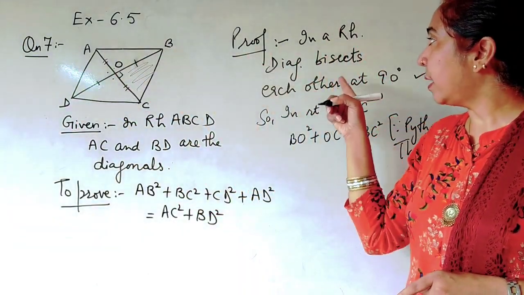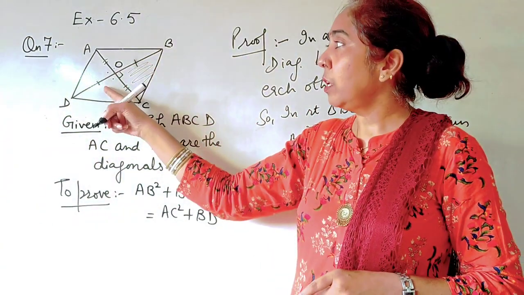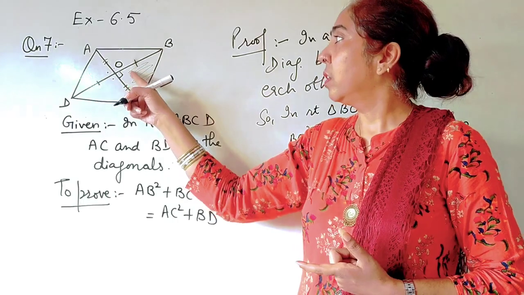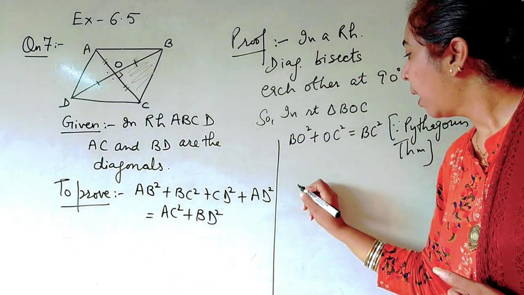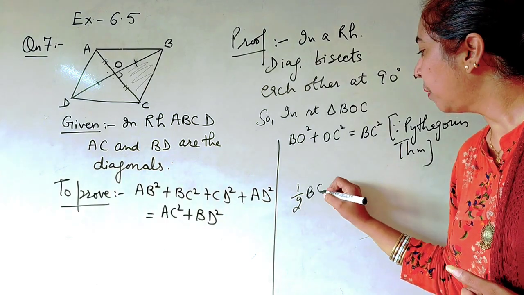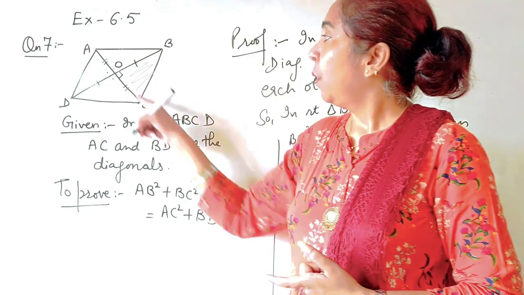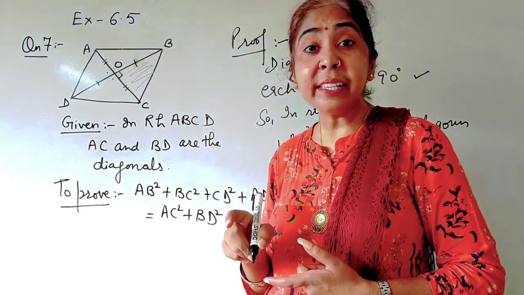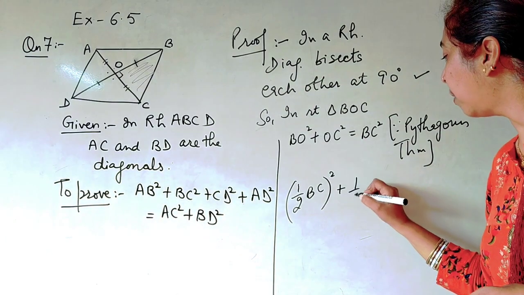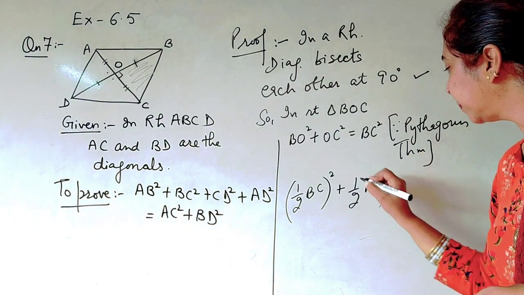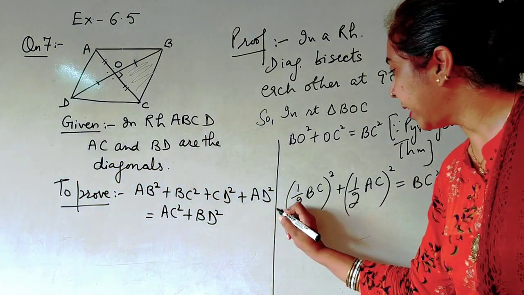Now, can I write this BO as half of BD? As we have written here that diagonals bisect each other and these two parts are equal, I will convert BO into half of BD, and OC we can write as half of AC. Equal to BC square, which remains the same.